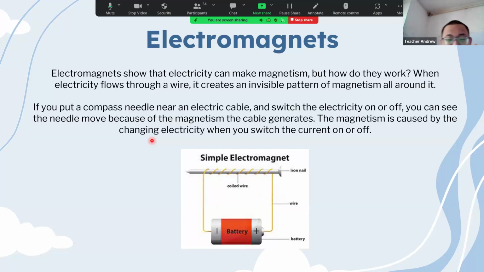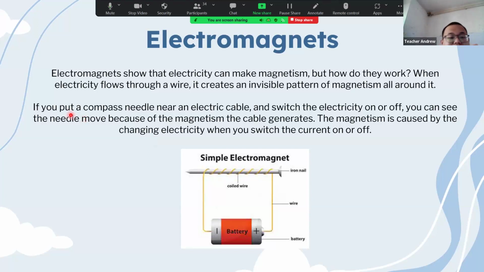How can power create a magnet? Well, when electricity flows through a wire, it creates an invisible pattern of magnetism around it. So if you were to twist and turn this wire onto some iron nails, this will cause the iron nail to become a temporary magnet.